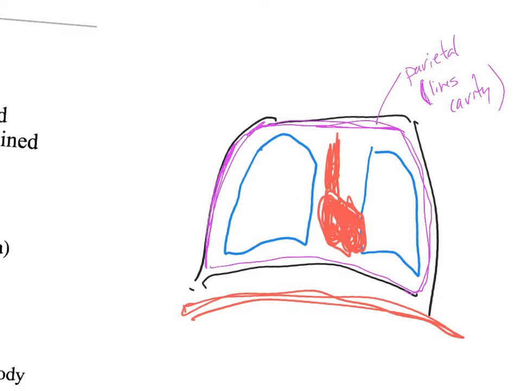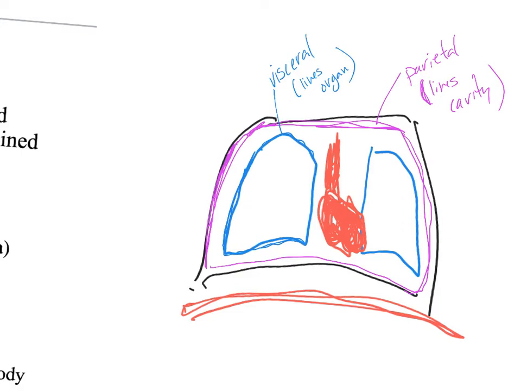So we have to have one for the lungs. I'm going to do it in the same color. That's going to be a visceral half, right? Visceral serous membrane, and that lines the organ.